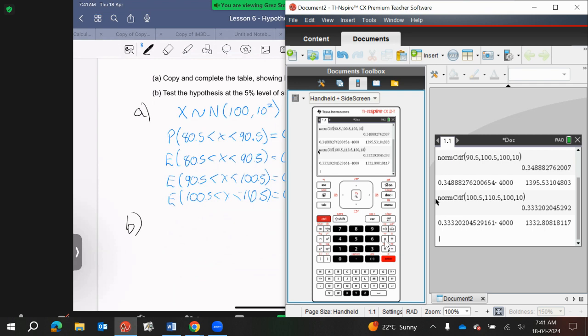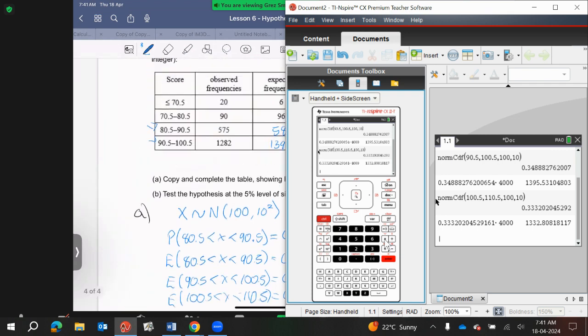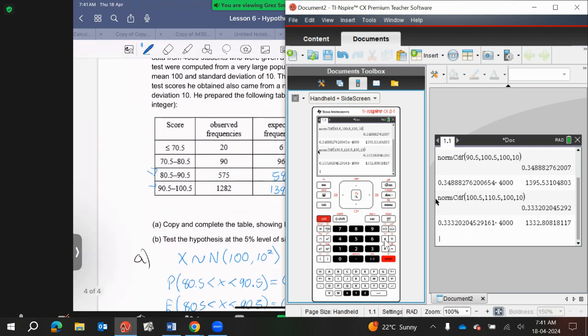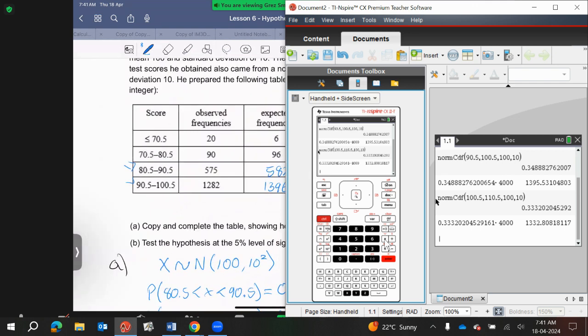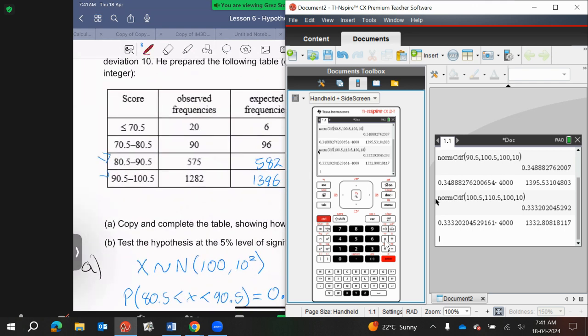The first thing I notice for part B is I need to test the hypothesis. She's testing to see whether these are normally distributed. Those are expected frequencies and the observed frequencies. But one of the problems we encounter first is that the expected frequency here is 4. You cannot have an expected frequency in a chi-squared test, either of the two types, that is less than 5.